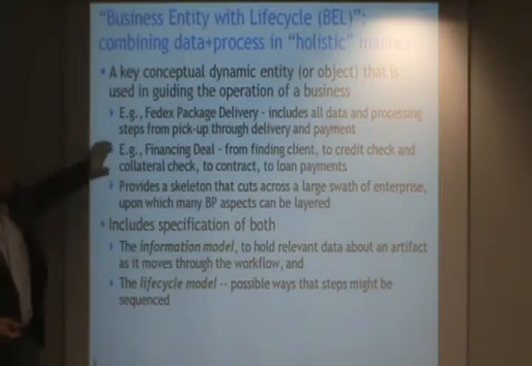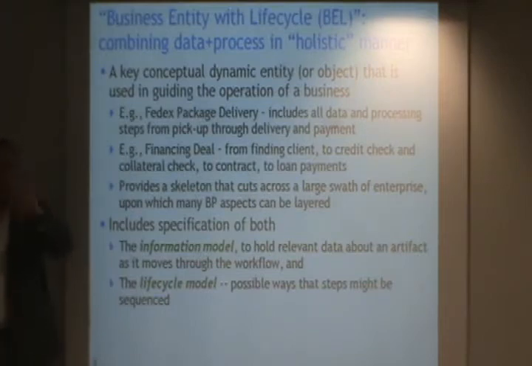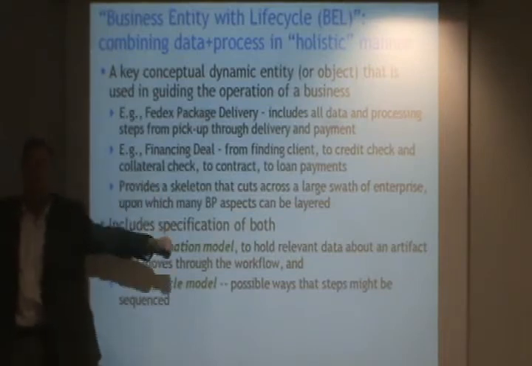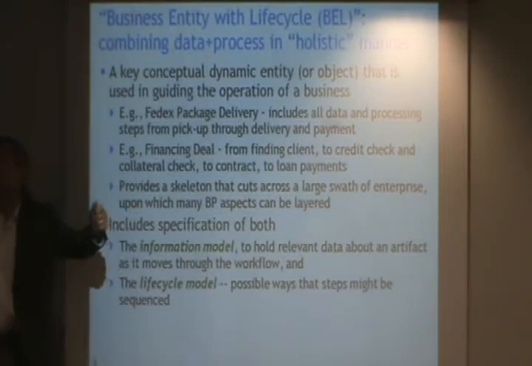Another example, from a nice engagement within IBM, was with financing. Think of a home mortgage, and the mortgage application process, all the credit checks, the approvals, finally finalizing the deal. You could think of that as a business entity, fairly long running, 2 to 3 months, one entity moving through operations.